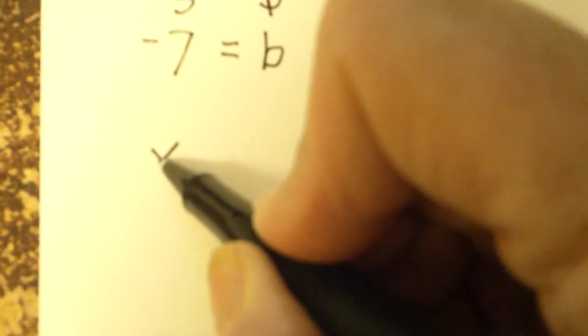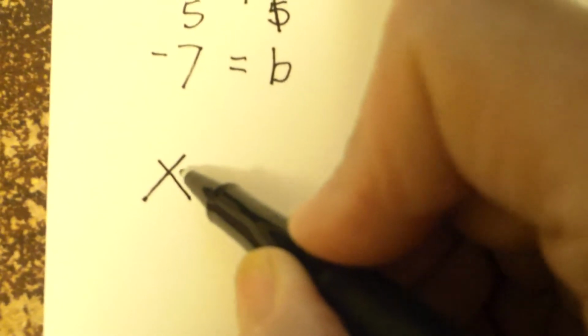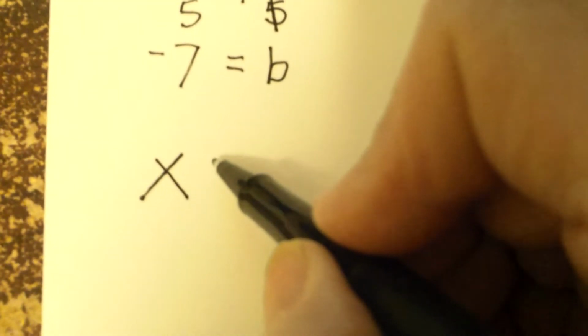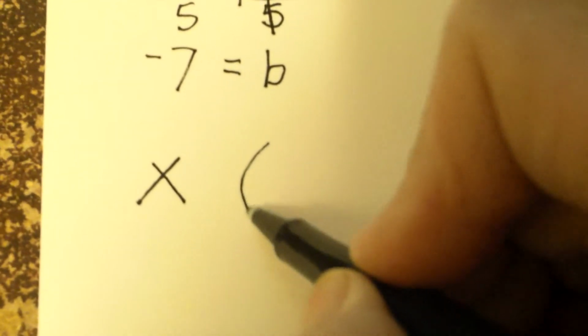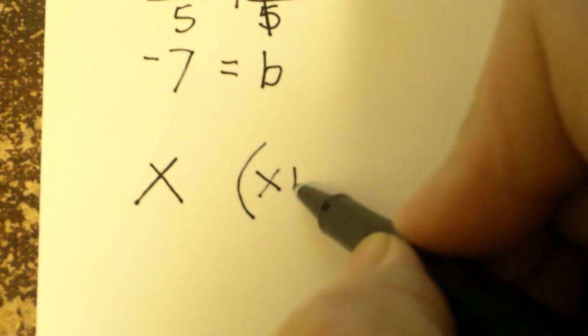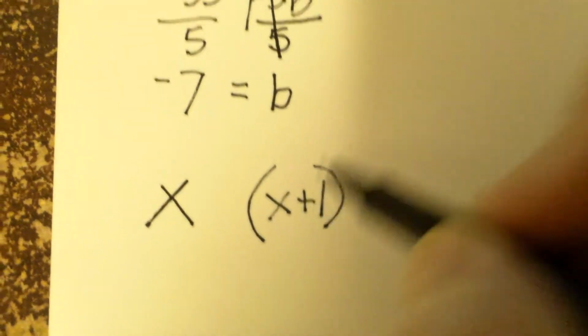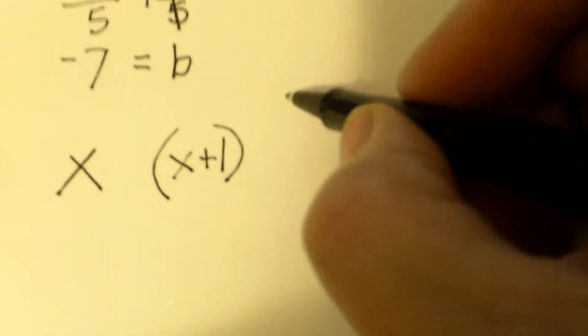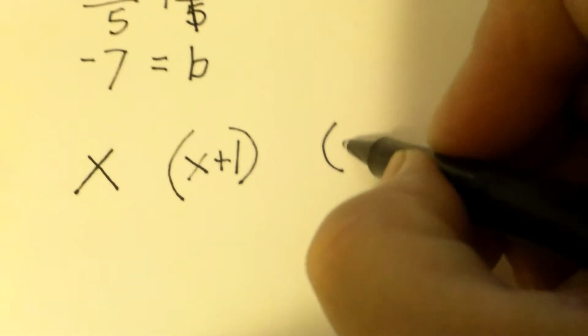I'm going to call the first one x. Now, the next number on a number line is going to be one more than x. So I'm going to call my second consecutive integer x plus 1. And then I'm going to call my next consecutive integer x plus 2.